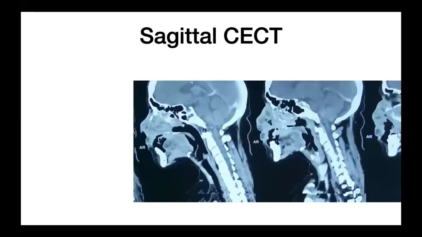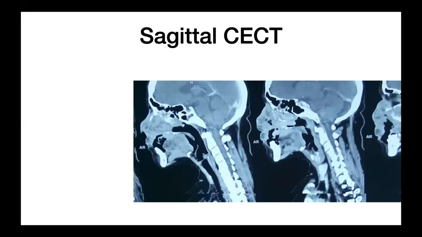In the sagittal scans, we can see there is involvement of the maxilla. The skull base is free. There is no extension to the skull base, and there is no involvement of the sphenoid sinus. It is an anterior tumor mainly. Nasopharynx is free.